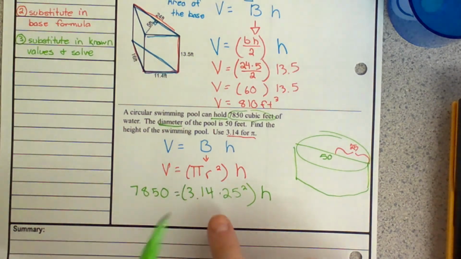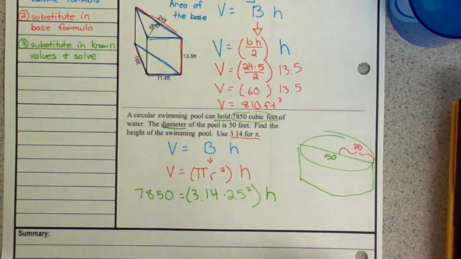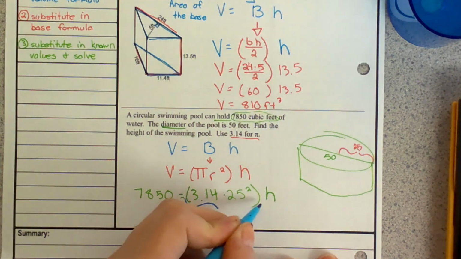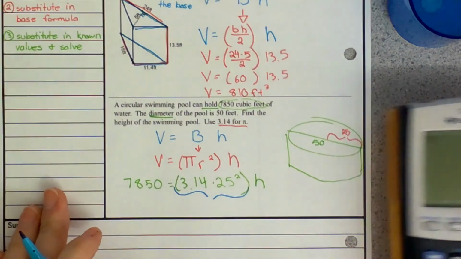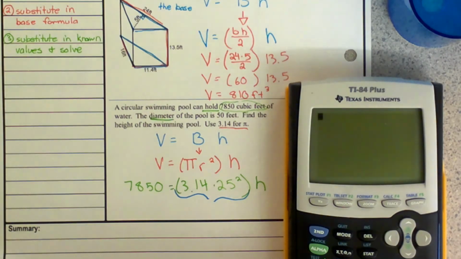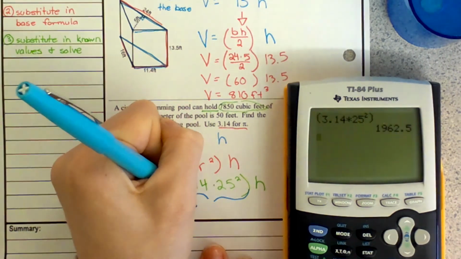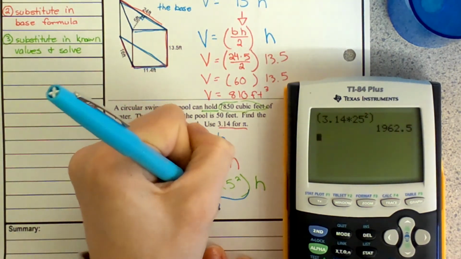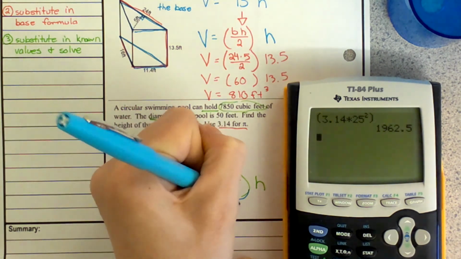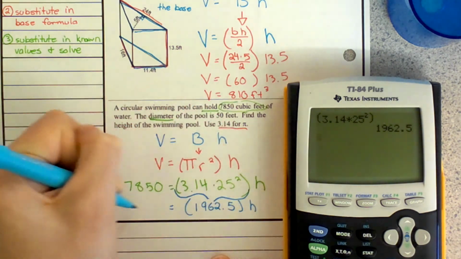I'm going to simplify this stuff on the right and type that into my calculator: 3.14 times 25 squared. I get 1,962.5.